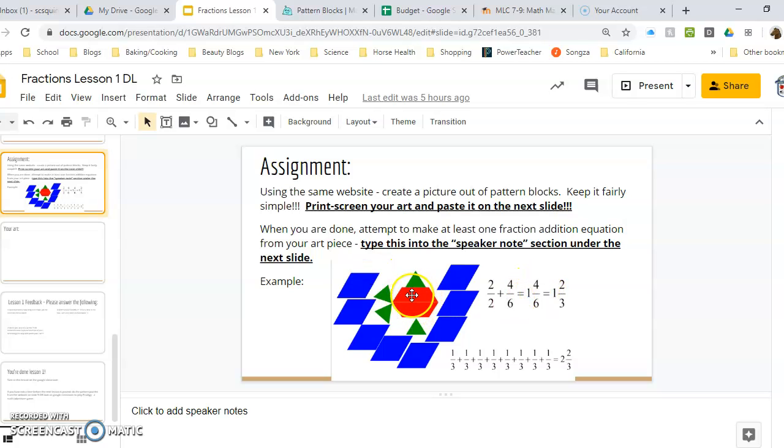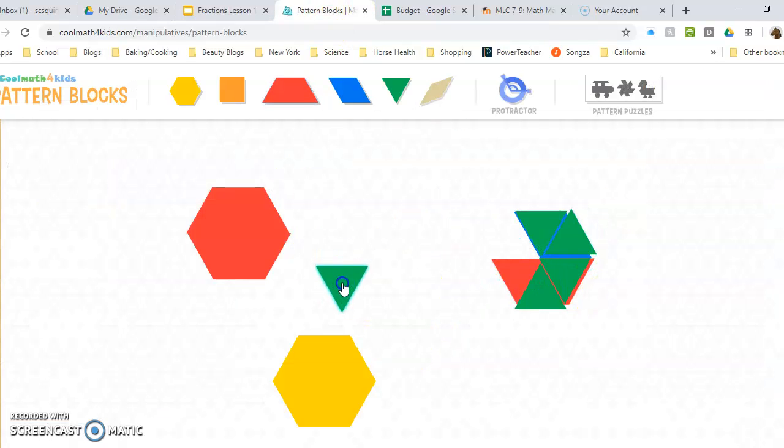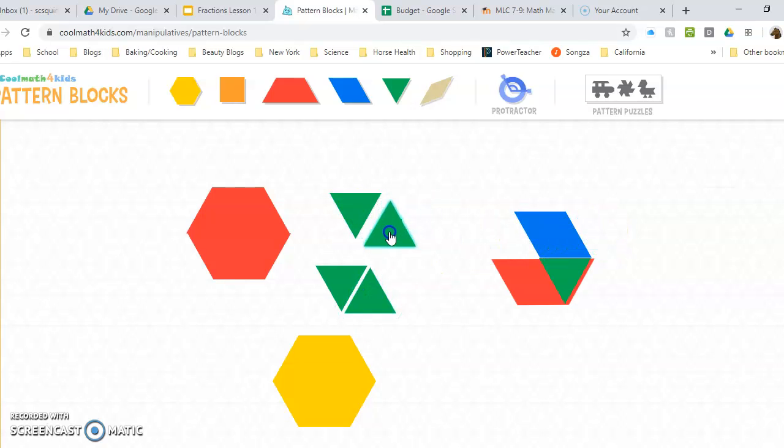That's the 2/2 that make up the fish body, and then the 4/6 that make up the fins. That's what that is if you didn't know. So that's 1 and 4/6, and 4/6, hard to say, can be reduced or be the same thing as 2/3. So there are my 4/6 right there.